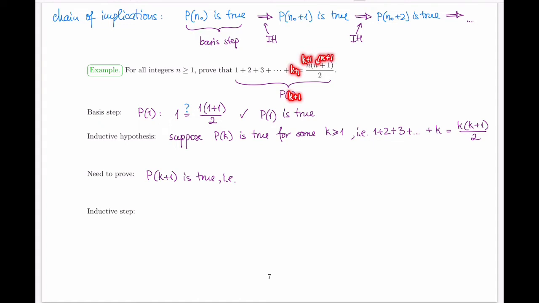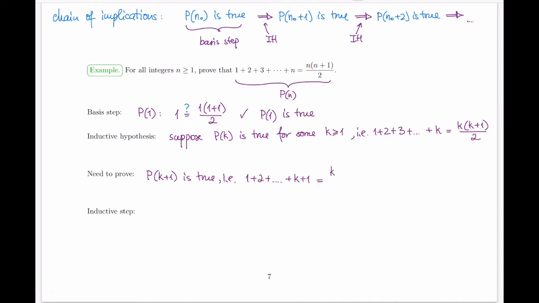We're going to have to be very careful plugging in k plus 1 everywhere that we see n, so that we're actually doing this properly, right? So 1 plus 2 plus all the way up to k plus 1 equals, and then I'm going to see what I have on the right-hand side here. So again, I'm substituting k plus 1 for n.